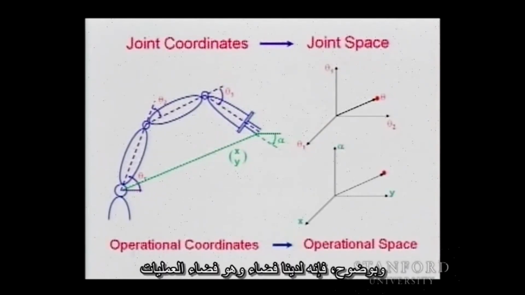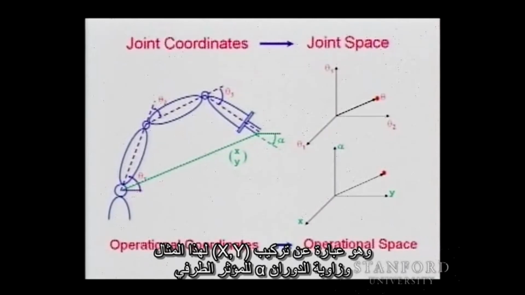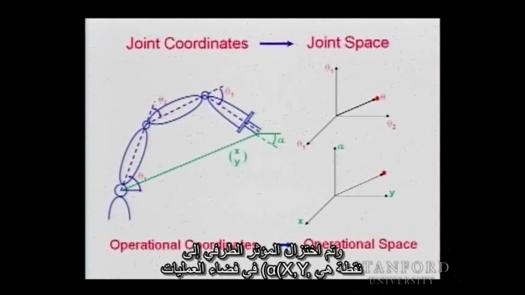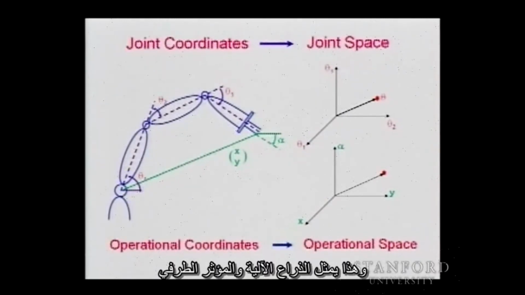And obviously we have with that a space, the operational space, which is now the combination of X, Y for this example and the orientation alpha of the end effector, and that is a point. So the robot is reduced to a point theta in configuration space, and its end effector is reduced to a point X, Y, alpha in the operational space, and that represents the manipulator and the end effector.